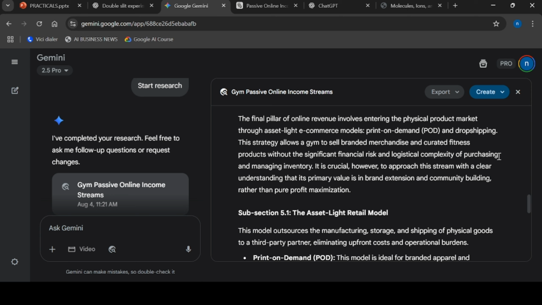Using ChatGPT and other AI tools to help them come up with questions.